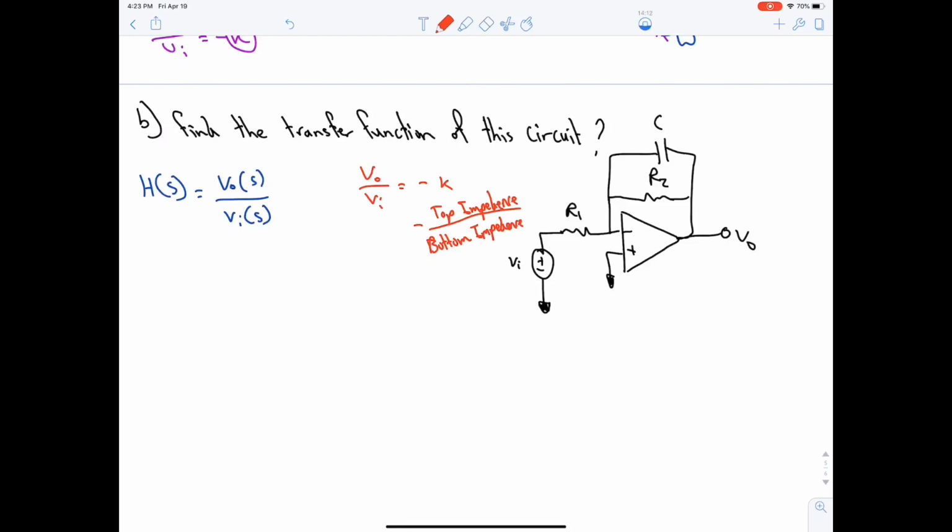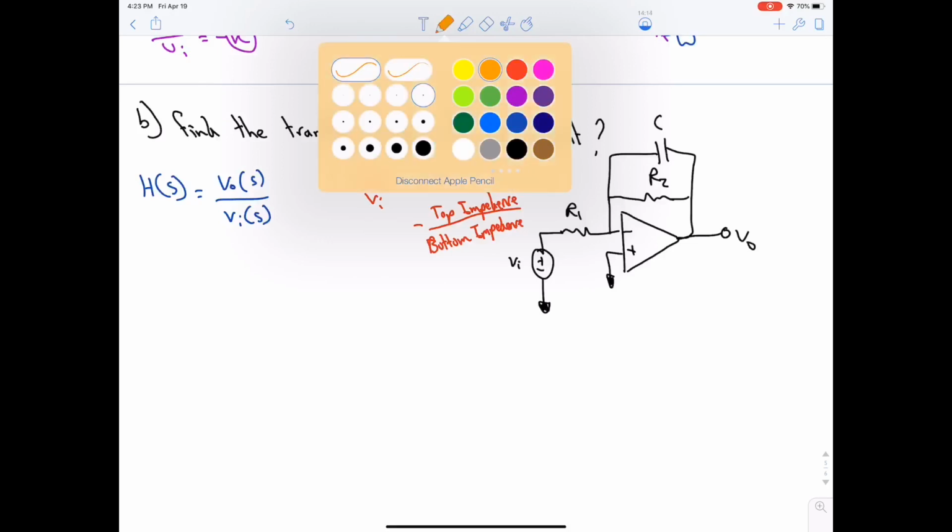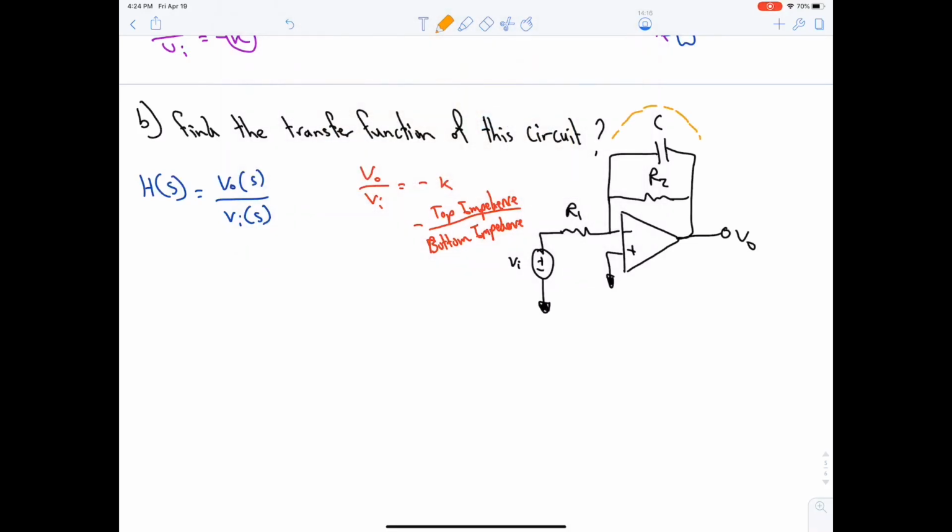It means that the total impedance in this area divided by the total impedance in this area, with a minus sign, will give us the transfer function. So we will call this Z1 and this is Z2.